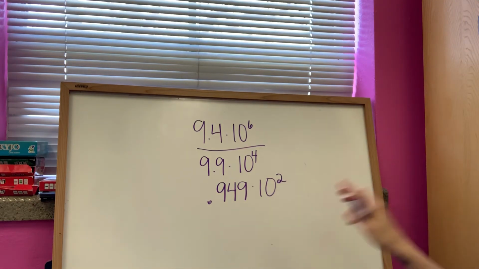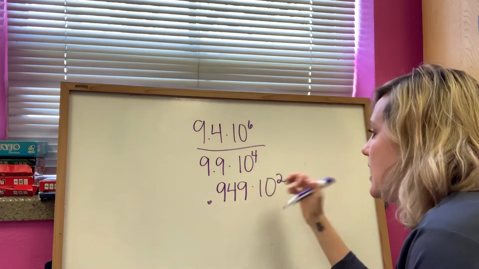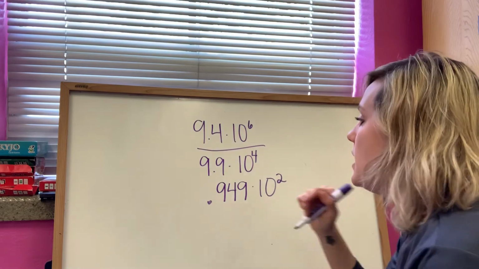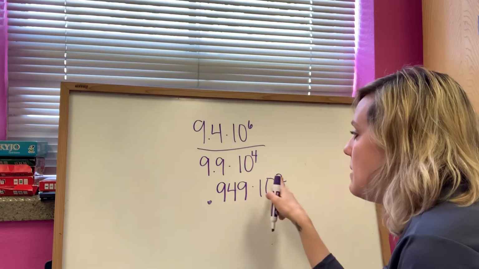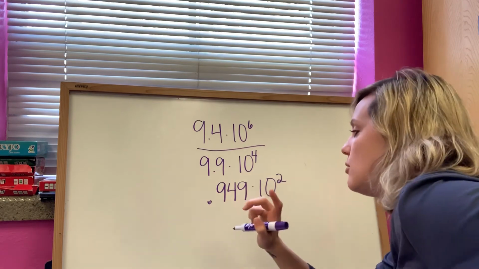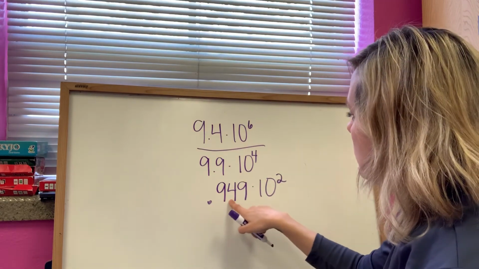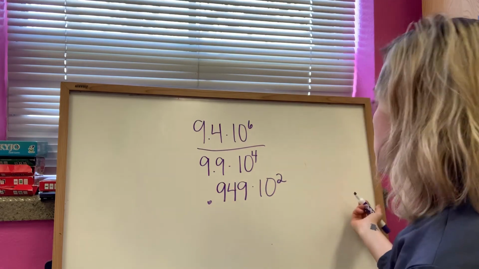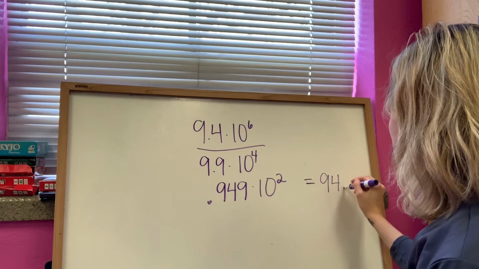So in order to teach you this a little bit better, I want to see what this actual answer would be if it were written in standard form. So 0.949 times 10 squared, we would multiply by 10 twice. And we've learned that when you multiply by 10, you can just move the decimal to the right. 1, 2. So the actual answer for this in standard form would be 94.9.